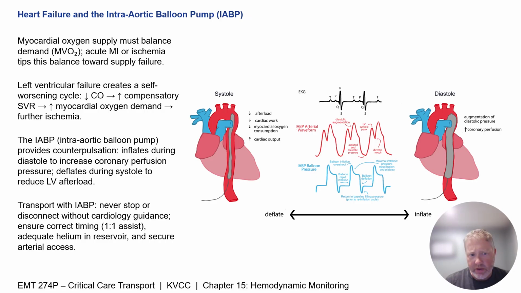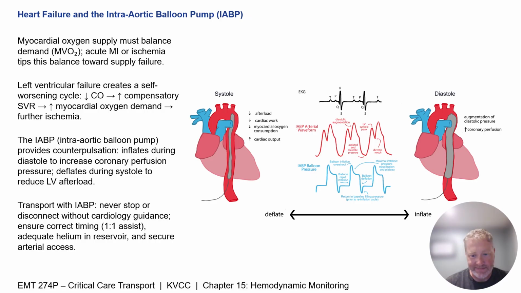Left ventricular failure, that creates a self-worsening cycle. That's that repeated cycle. So a decrease in cardiac output leads to an increase in SVR to try to compensate, which leads to an increase in myocardial oxygen demand, which furthers the ischemia.